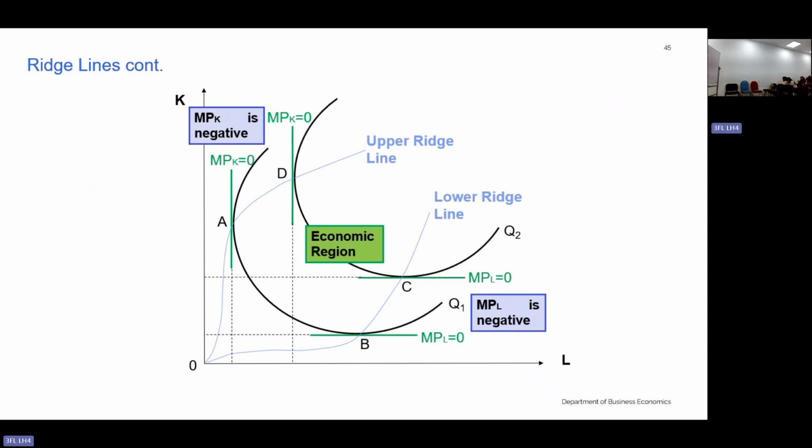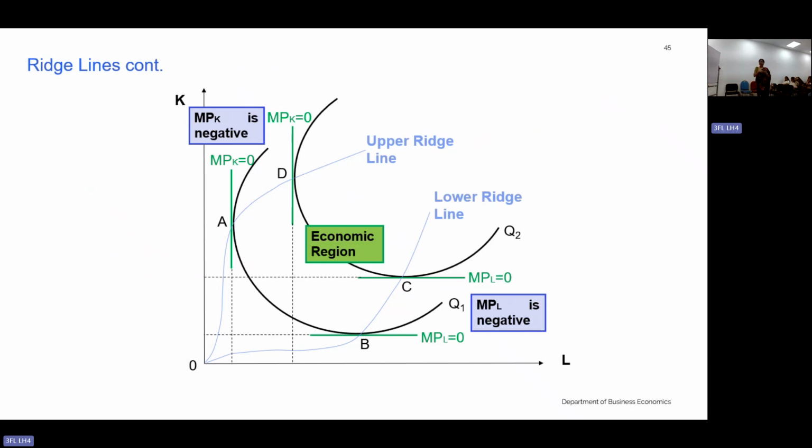Okay, so if you successfully identified the same regions with respect to K, the same story, right? There are three regions where MPK is negative, MPK is zero, and this is the region where MPK is positive. Then, as a rational producer, you would always like to operate where MPL and MPK both are positive.